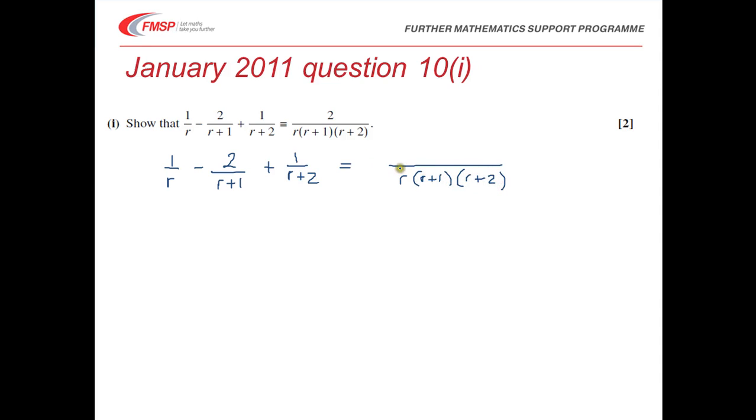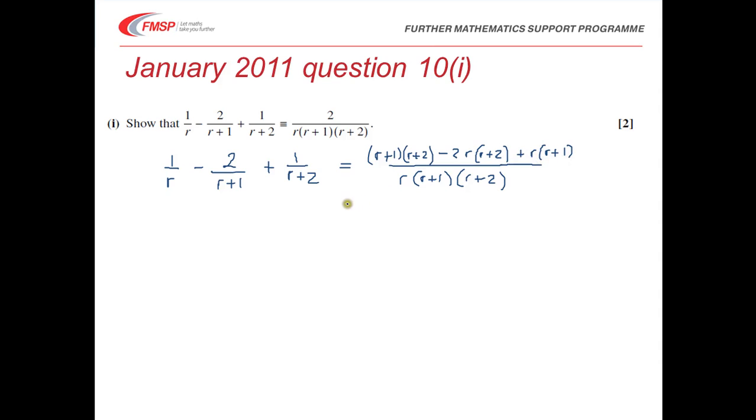So r into that will go (r+1)(r+2) times. And then r plus 1 into that will go minus 2 times r(r+2). And then the last term, r plus 2, will go into it r(r+1) times. And so we end up with this expression.